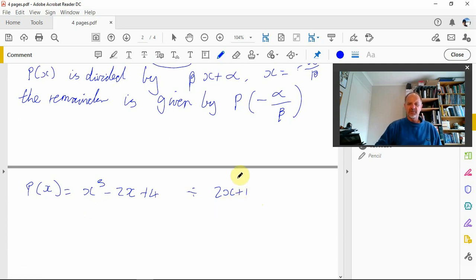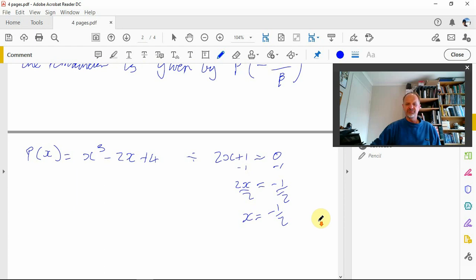So remember, we're looking at where 2x plus 1 is equal to 0. Take 1 from both sides. So we're looking at 2x to be minus 1, divide by 2. So we're looking for x to be negative a half.